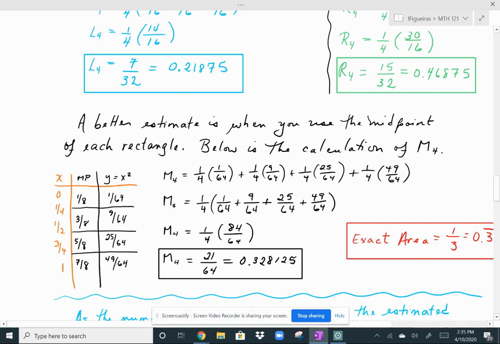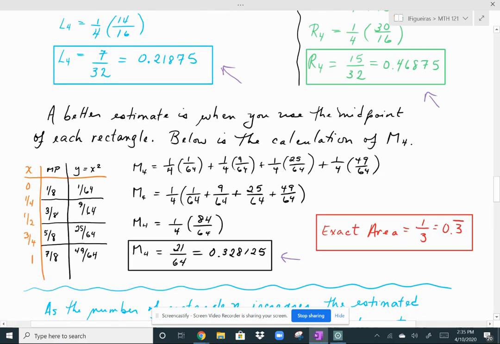So the midpoint calculation is 0.328125. Now you see all three on this same picture: left-hand endpoint, right-hand endpoint calculation, and midpoint calculation. But the exact area, or actual area of the curve, is right here.